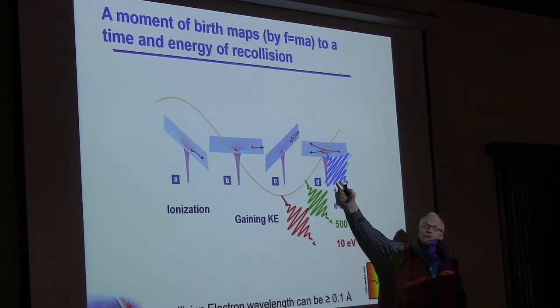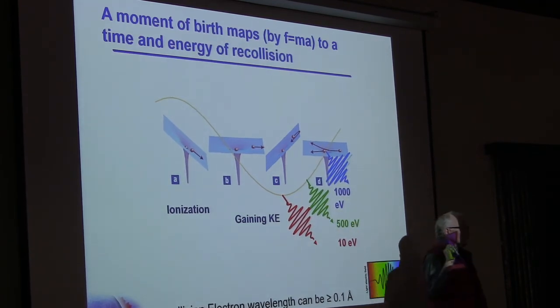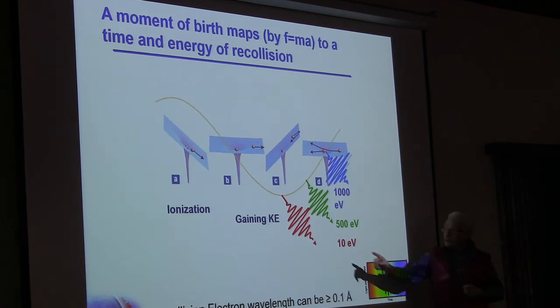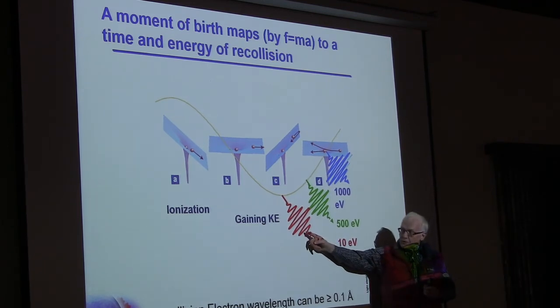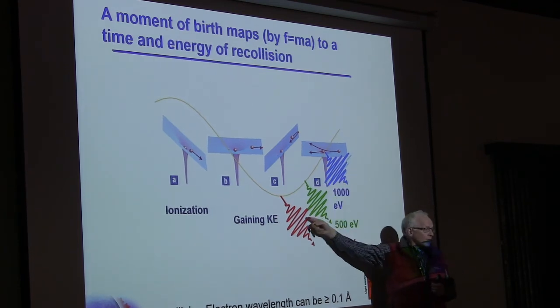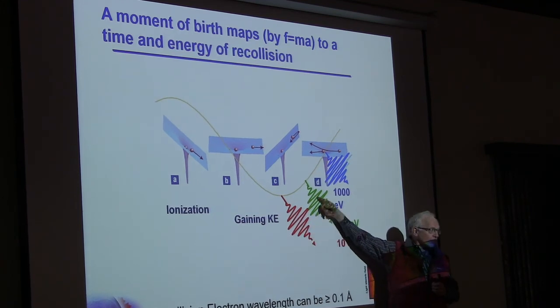And finally, there's an optimum time of birth in which it comes back and gives out the highest frequency photon in the problem. This is the essence of the attosecond pulse. So first, you see a large bandwidth given by F equals ma. You see a chirp on the pulse, just like we described before.